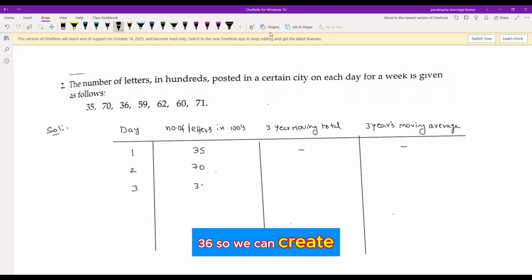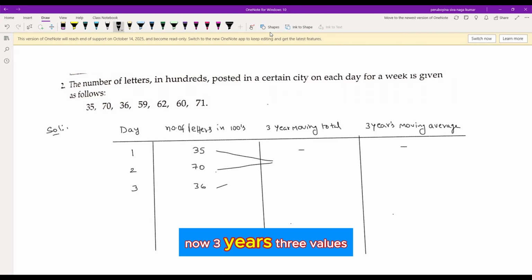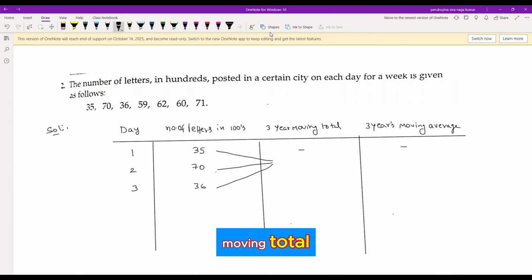So now we can create the 3 values moving total. How much is 35 plus 70 plus 36? 35 plus 36 is 71. 71 plus 70 is 141.